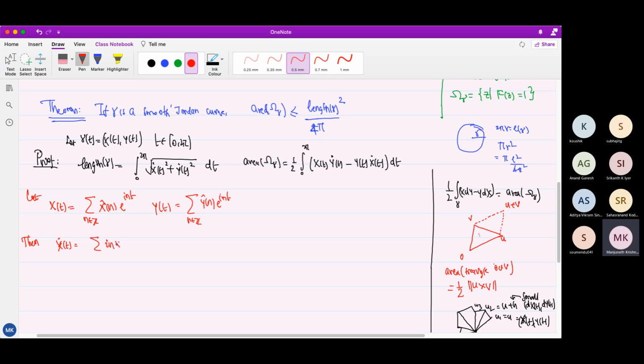You will get i n x hat of n, and again i n y hat of n e to the int. Just one clarification to give here: because of smoothness, these expansions are all uniformly convergent series.